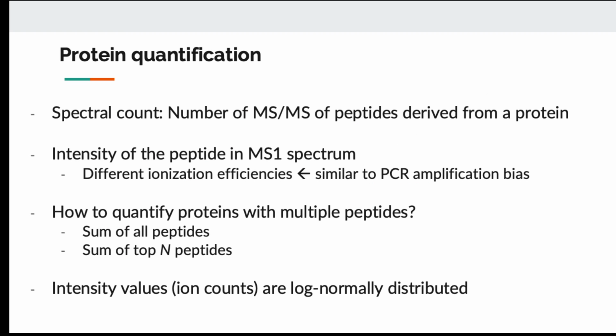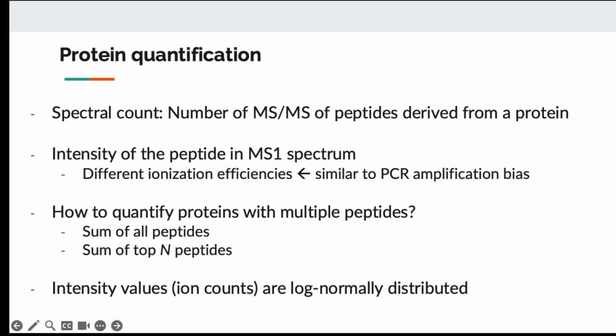But there are some differences that I want to highlight. First, there is no concept of read count for proteins and peptides. But instead, some people count the number of spectra, because if we have an abundant protein or peptide, the mass spectrometer will encounter that protein and peptide several times.